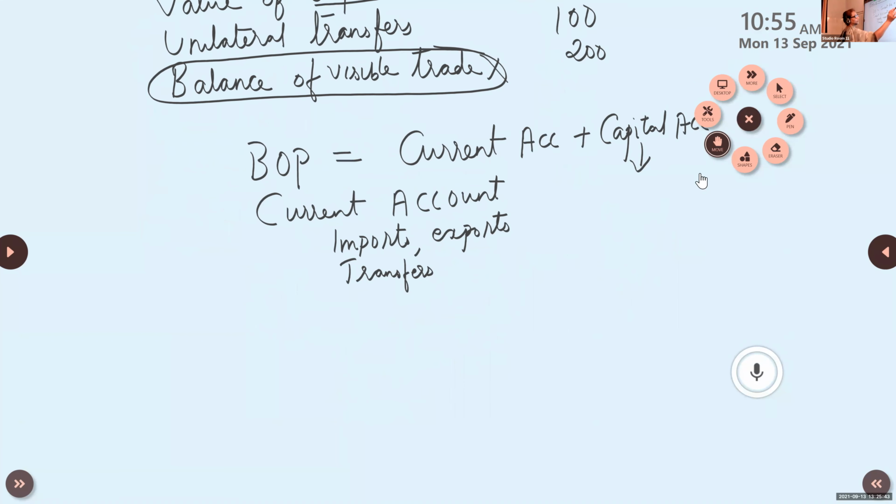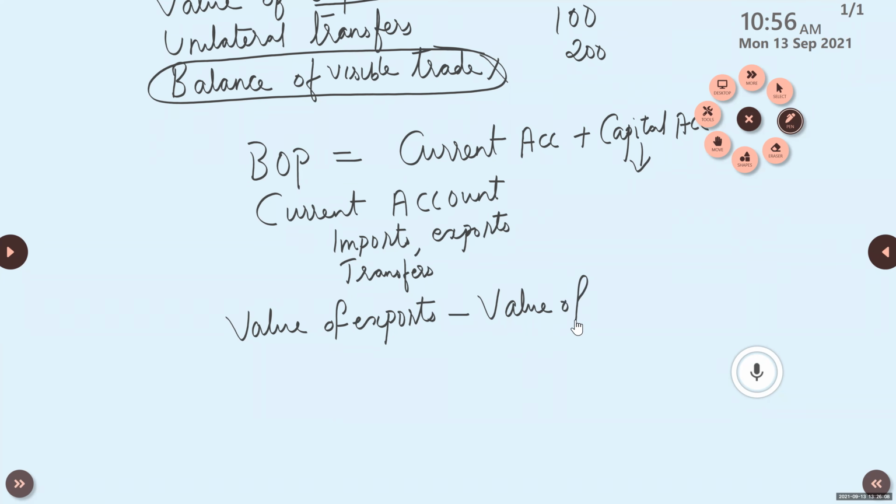Current account: value of exports, is it plus or minus now? Minus value of imports. Then we have to take the transfers, plus transfers.